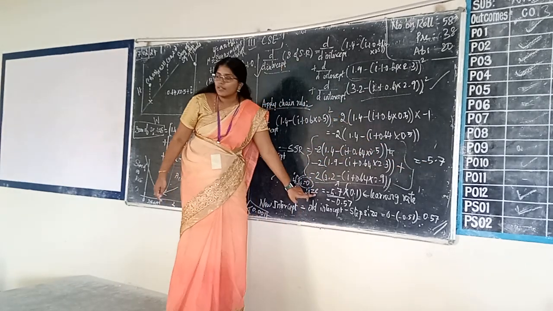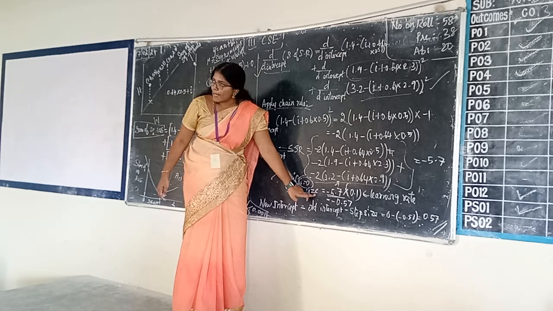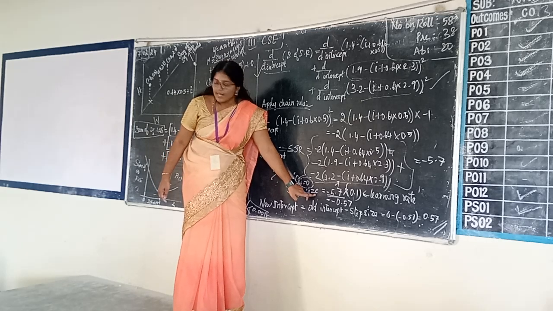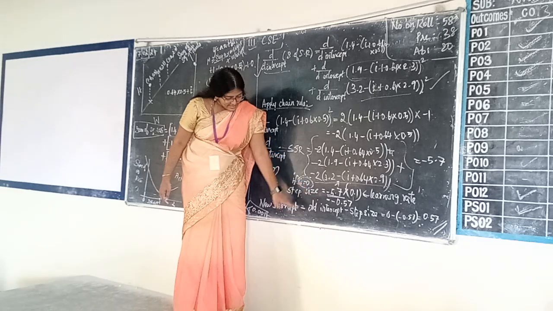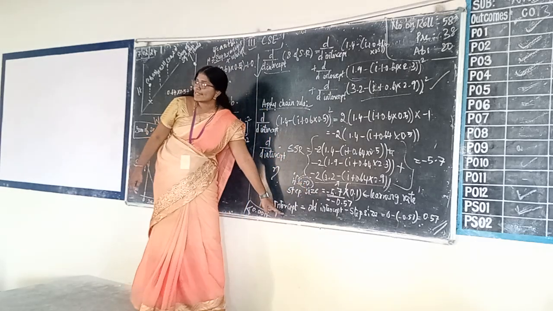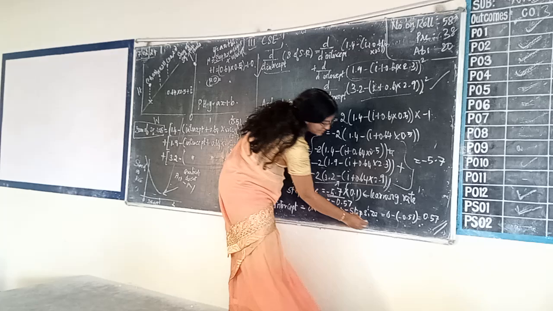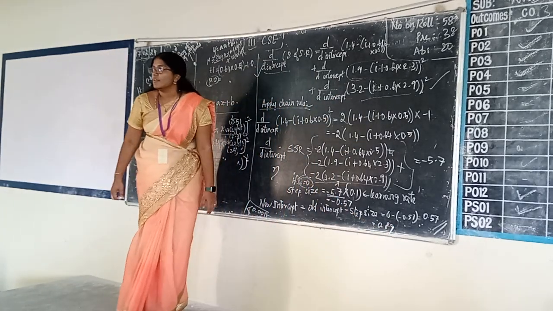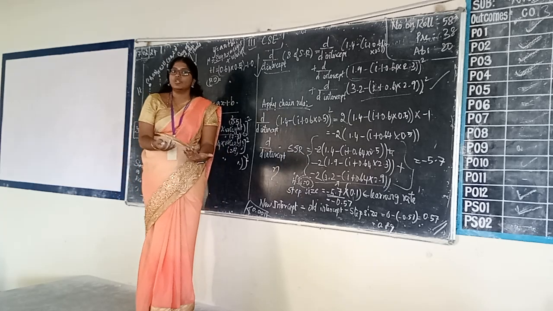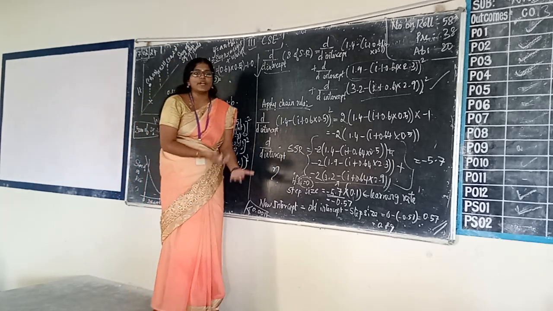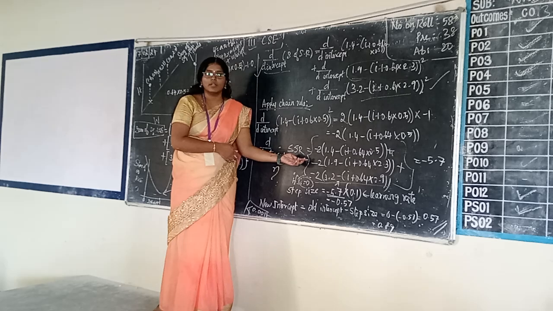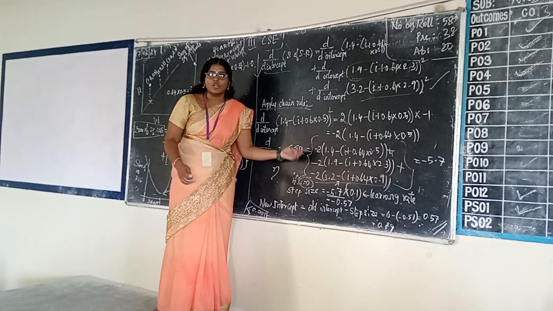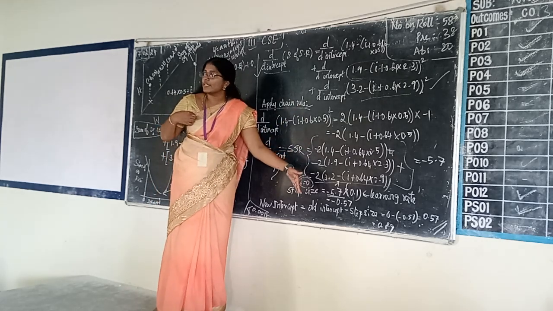Then again find out the step size and apply it to the new intercept. Suppose you are getting 0.89. Now we apply the new intercept value to this equation, and you will be getting a new intercept value again.